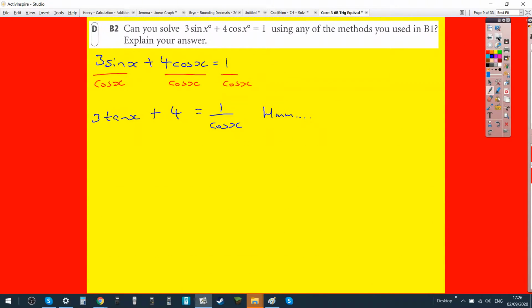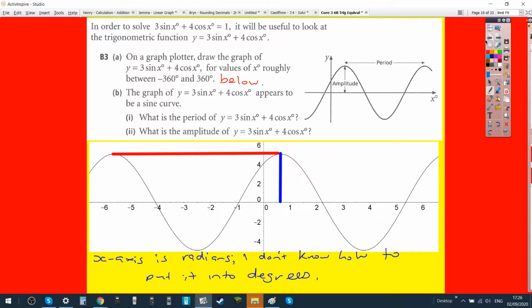And so how do we deal with this? This is how. 3 sine x plus 4 cos x equals 1. We put it into our graphical calculator. What is the period of y equals 3 sine x plus 4 cos x? So basically, how often does it repeat? It's in radians. Any idea how often it repeats?